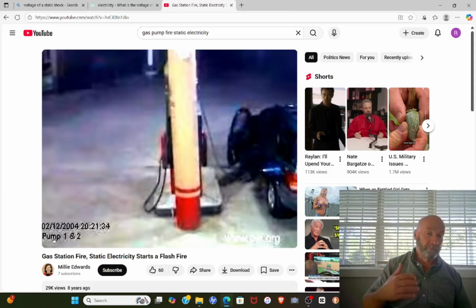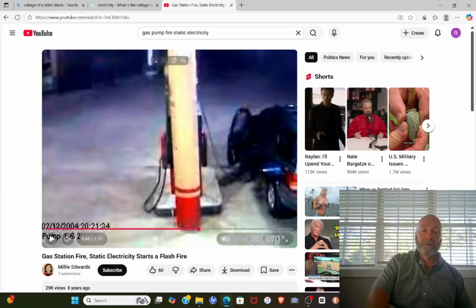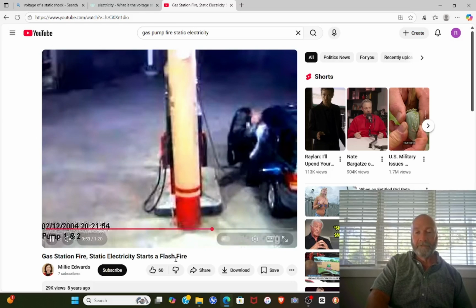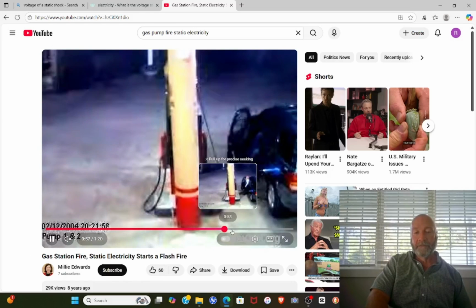So when she gets back in her car, she scoops up electrons. When she gets back out of her car, she scoops up electrons. What she should have done was touch the door facing and some portion of the car to release those electrons. But she didn't. But she still kept her head. So she gets out. She gets the amount of gas she wants.